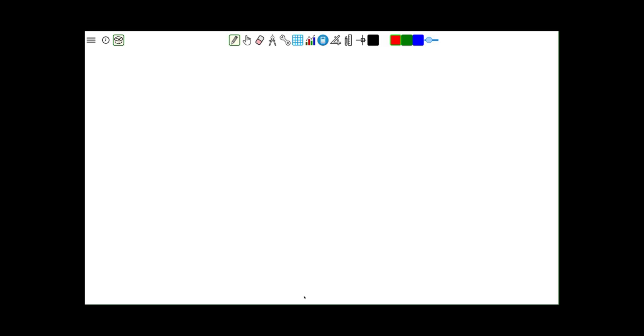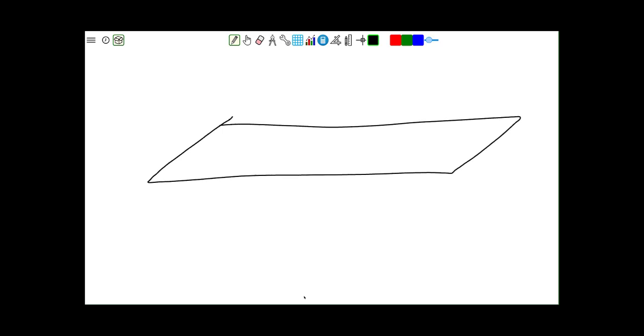Let's now look at a plane of charge. A plane of charge isn't all too much different than a very long line of charge. So here is a plane, a two-dimensional plane in space. And let's say this plane is a collection of charges.